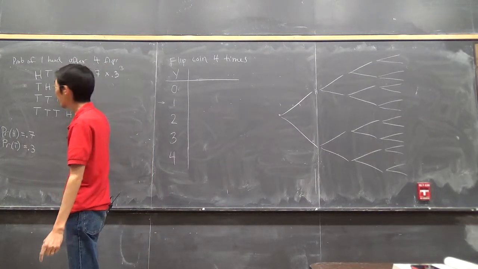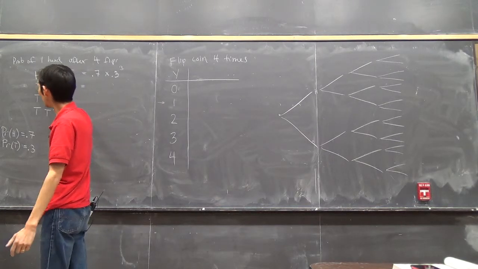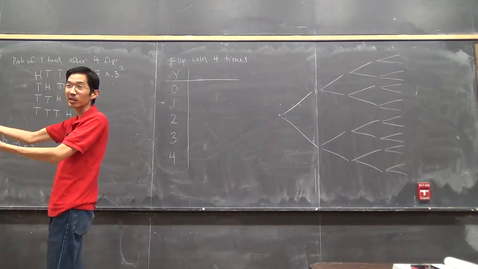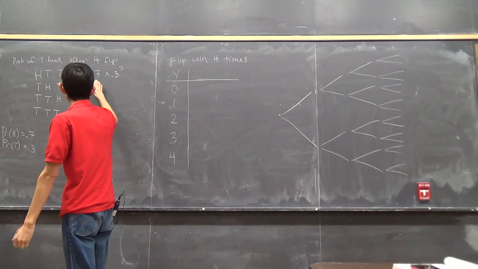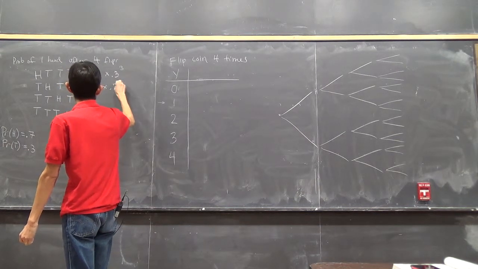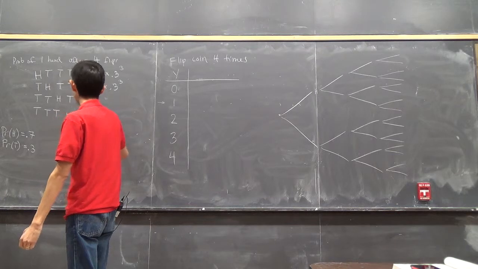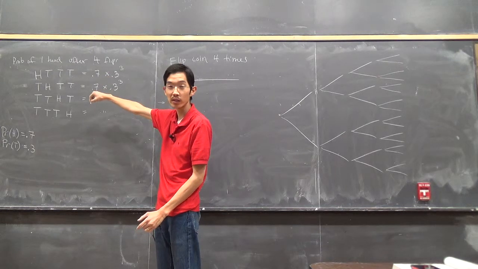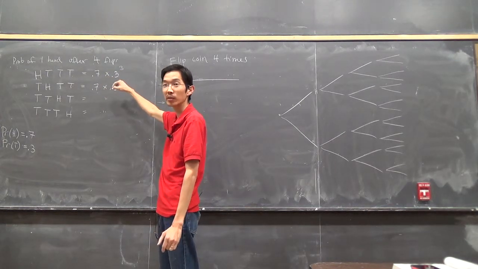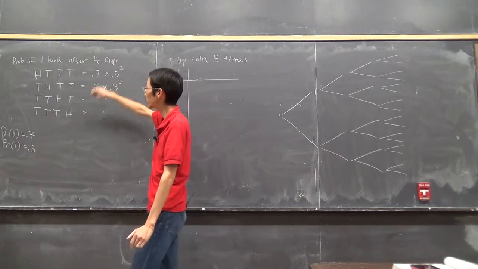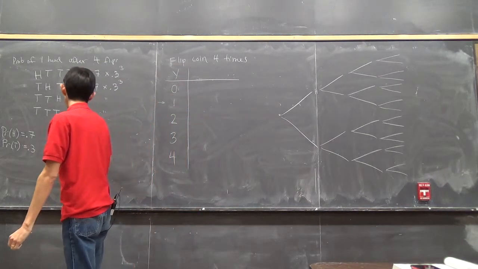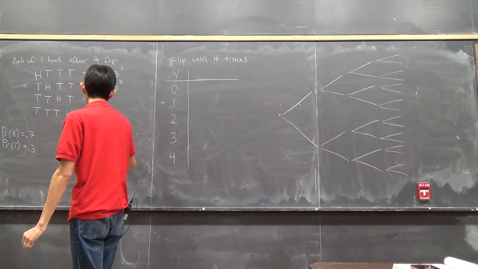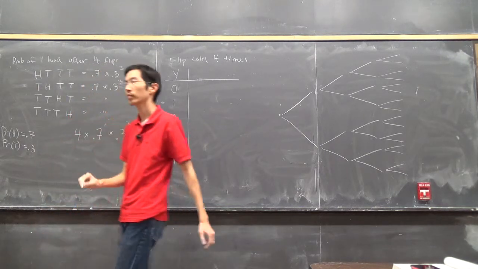It's the same, because even though my order is technically 0.3 times 0.7 times 0.3 times 0.3, in multiplication the order doesn't matter, so this would also be 0.7 times 0.3 to the 3, and it would be the same for these other 2. So all 4 sequences have the same probability. So the total probability of this scenario happening would be 4 times 0.7, technically to the 1, times 0.3 to the 3.